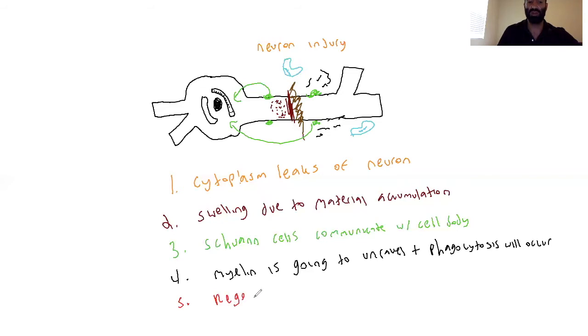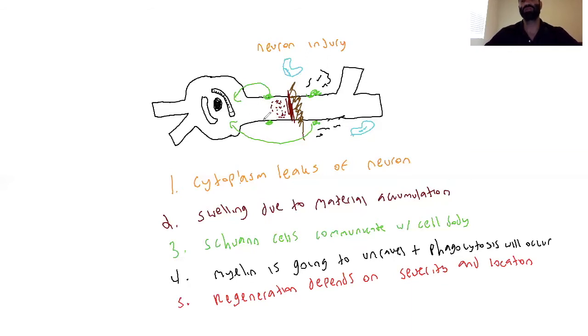So regeneration depends on severity and location. So just to recap what happens here, the neuron is damaged by some sort of mechanical stress. You're going to have cytoplasm leakage. And as the materials accumulate, because they cannot pass through the area that's damaged, you're going to have swelling.